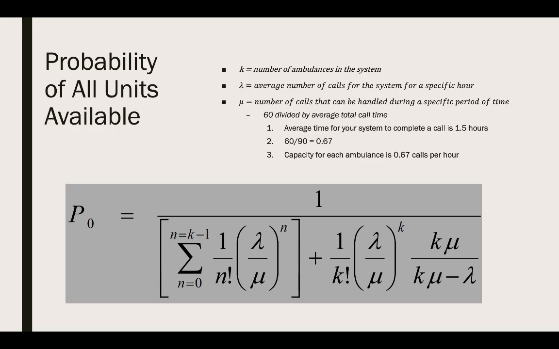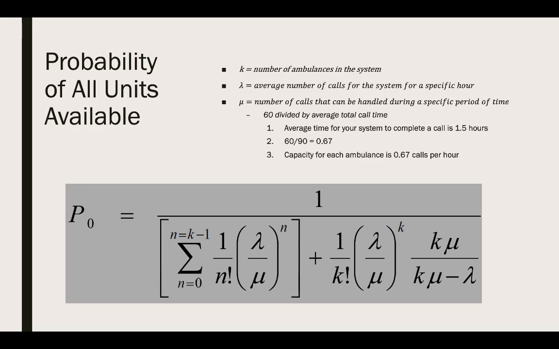And what we do here is ask how long it takes on average for your system, your units, to complete a call start to finish. So we're going to do 60 divided by our average total call time. Here we're going to say that for our system, we've got maybe a little lengthier transport times.